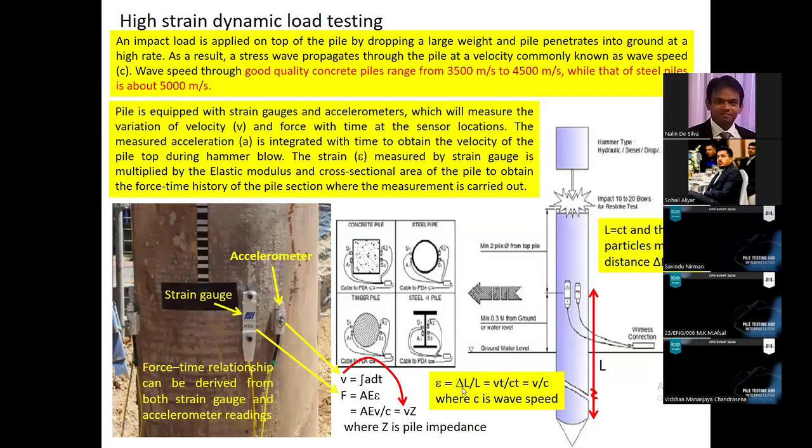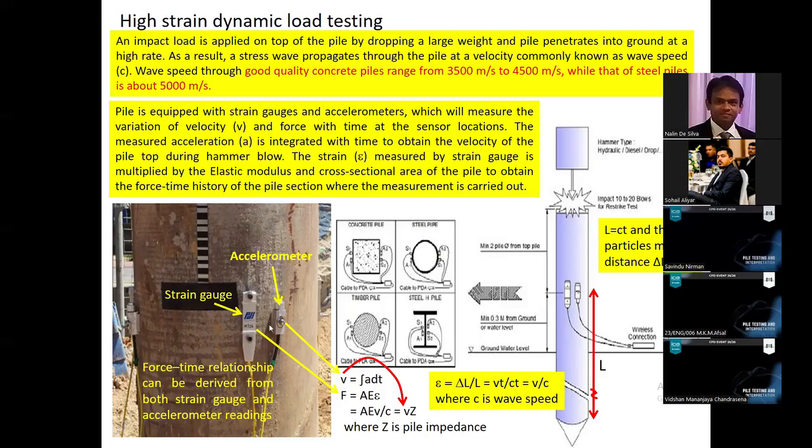change in, the reduction in the length due to the impact, divided by the original length of the pile. The change in the length due to the impact is caused by the particle velocity. So Vt, V is the particle velocity, Vt is delta L, and Ct, C times T, C is the wave velocity.